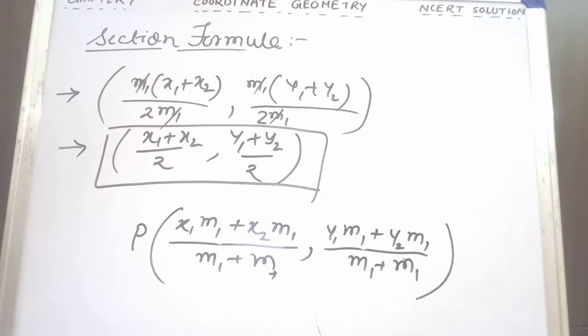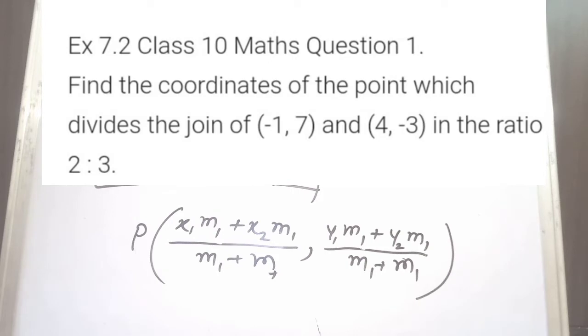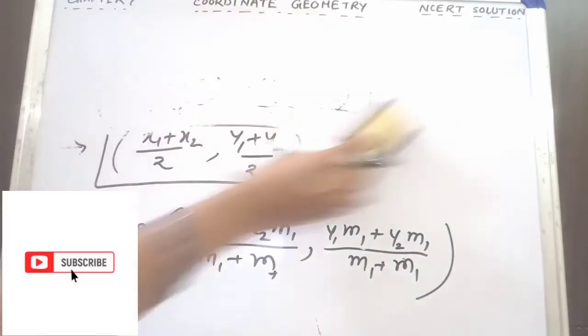Now the first question of exercise 7.2. Find the coordinate of the point which divides the join of (-1, 7) and (4, -3) in the ratio 2:3. Question number 1.